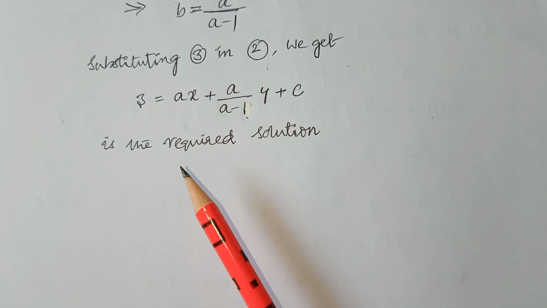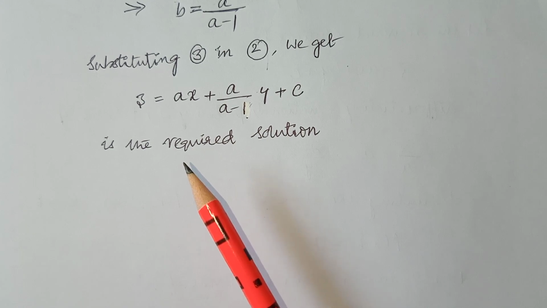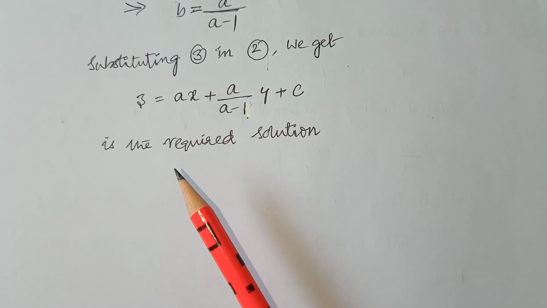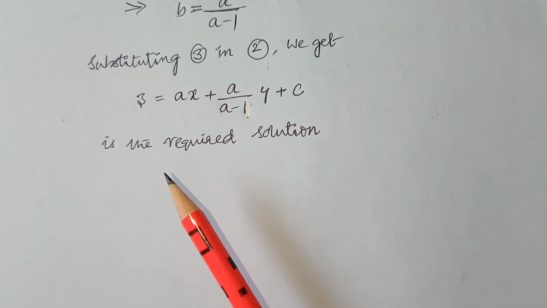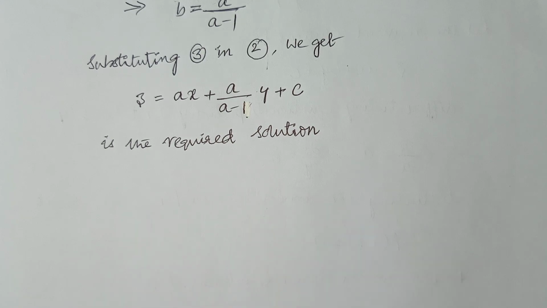If the equation contains only p and q, and not z, x, y, though some constants may also be present, it can be solved this way. So this is standard form 1 of non-linear types. Thank you.